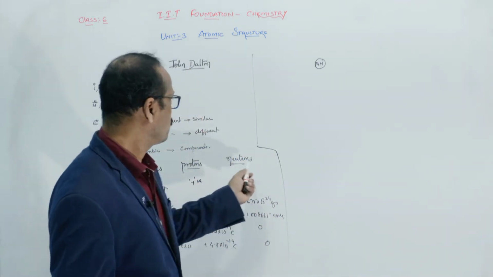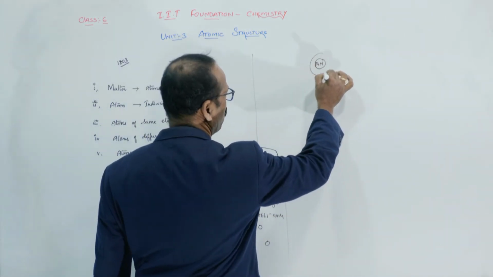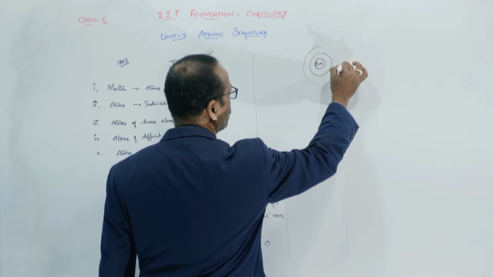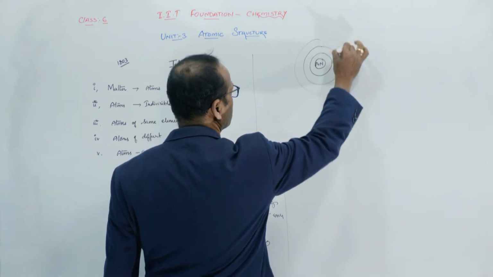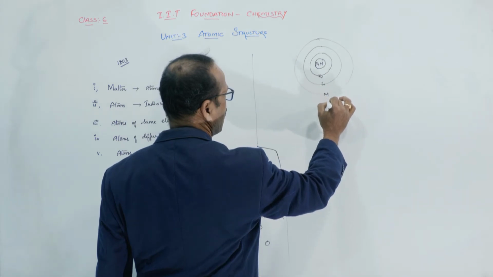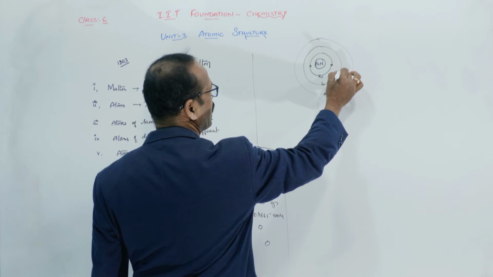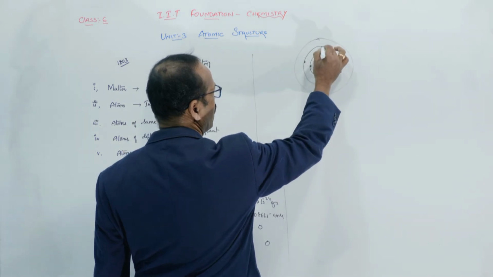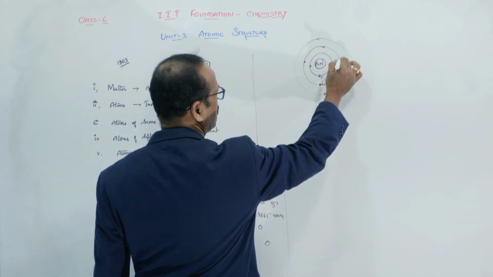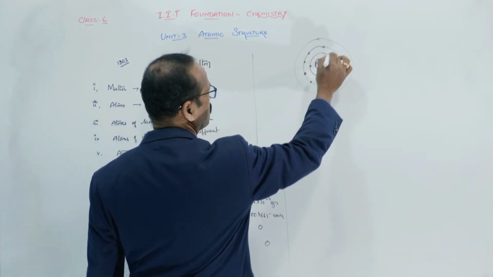In that nucleus, the protons and neutrons will be present, and electrons will be revolving around the nucleus in specified circular paths. Like these shells, K, L, M, N shells. In these shells, the electrons will be revolving around the nucleus. So this is about the atomic structure.